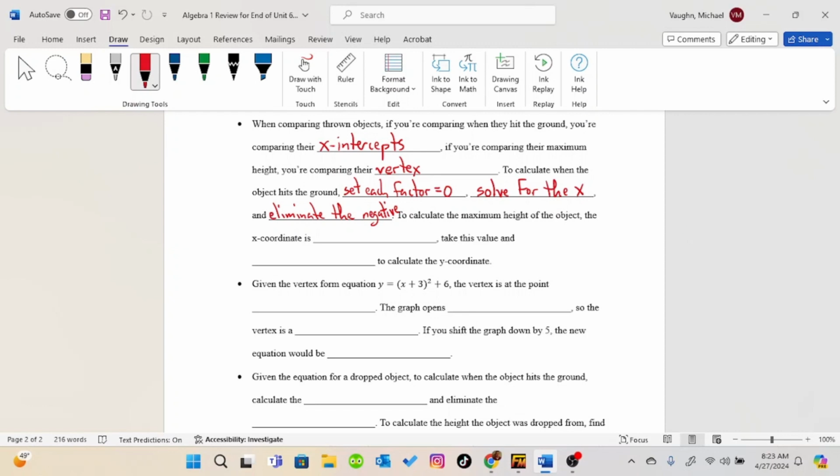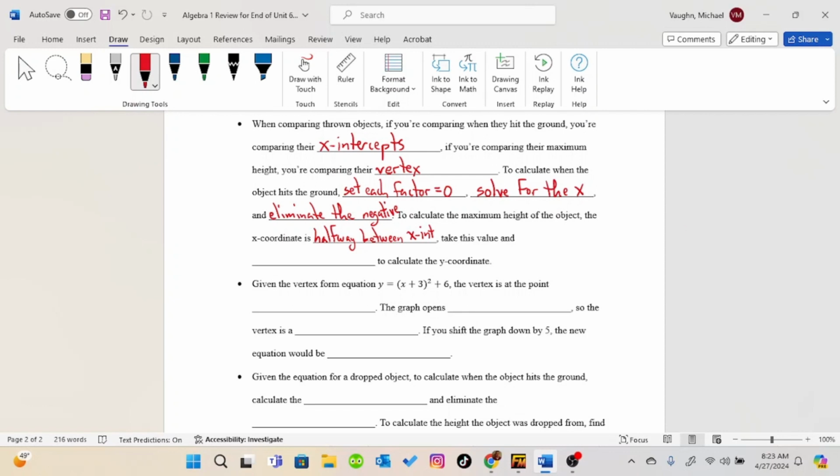To calculate the maximum height of the object, the x-coordinate is halfway between the x-intercepts.